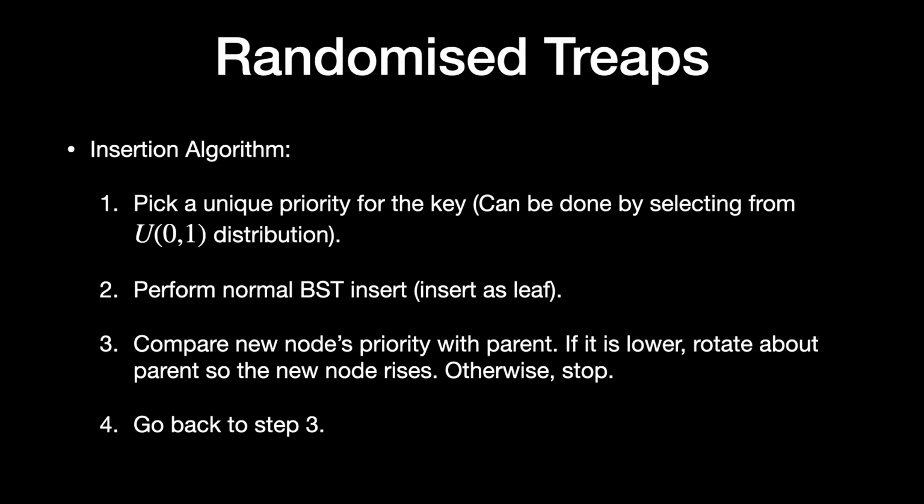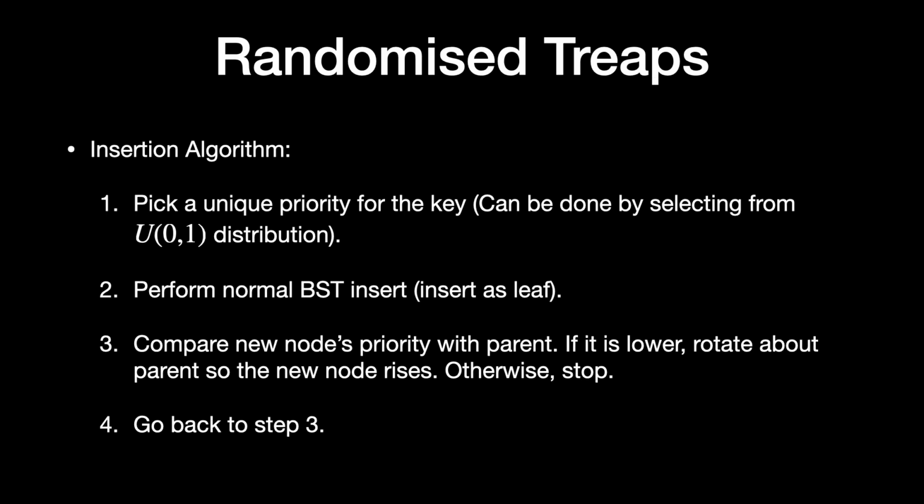This unique priority value can be chosen from a uniform distribution between 0 and 1. The implementation of the uniform distribution is not important to us, so we just think of it as a black box. Once we have selected a priority value for this key, we perform a normal BST insert for this key value pair. We only look at the key value for now.